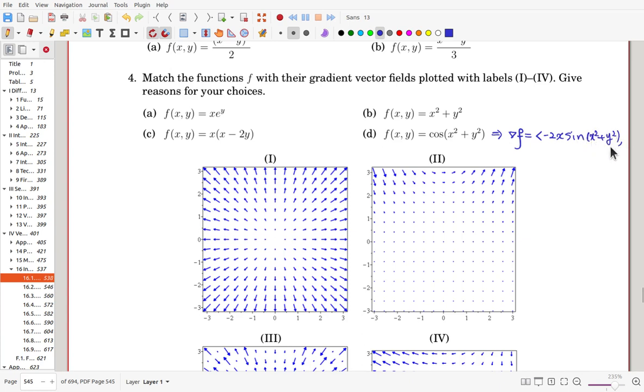That is the first component. And the second component, the y derivative, is minus 2y, and again sine of x squared plus y squared, right? That's the vector field.